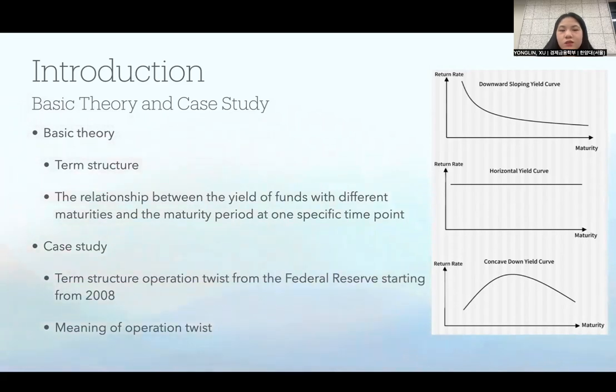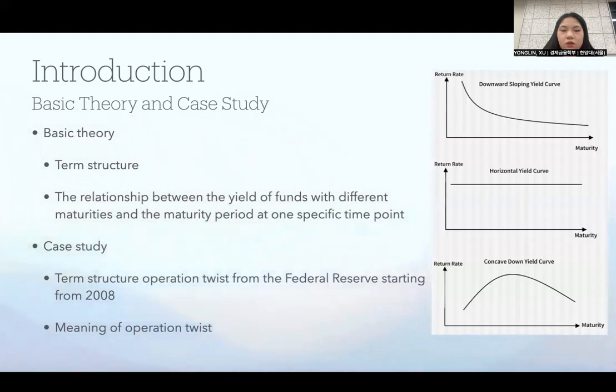securities and other assets. And then the second round, starting from August 2010 to June 2011, when the Fed purchased about 0.6 trillion US dollars of long-term government bonds.